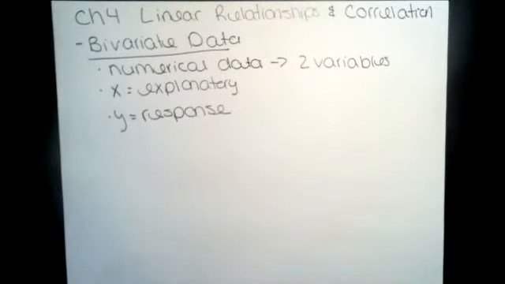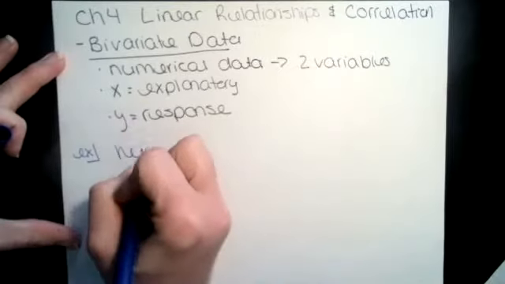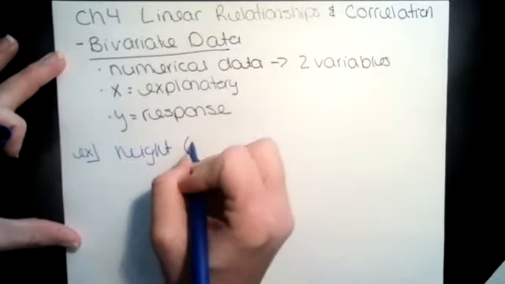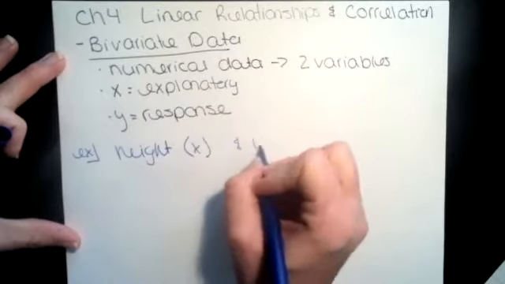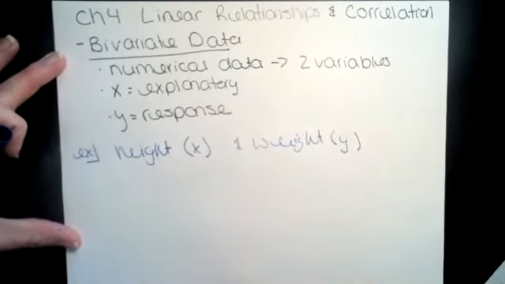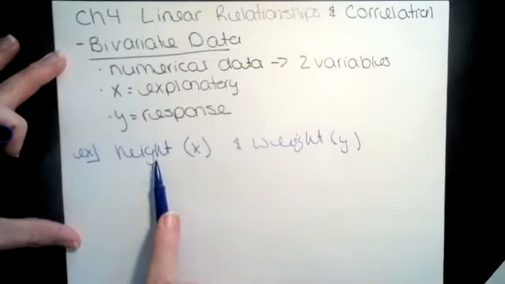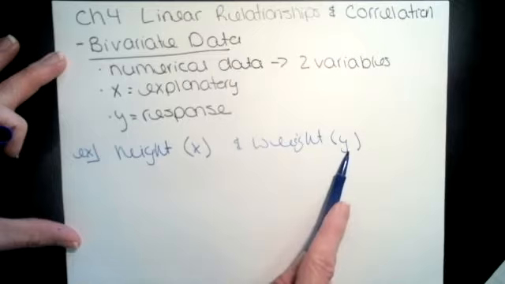Okay, so an example of bivariate data could be something like height and weight. And what we would look at for height and weight is we want to know, does the explanatory variable X explain or predict Y?